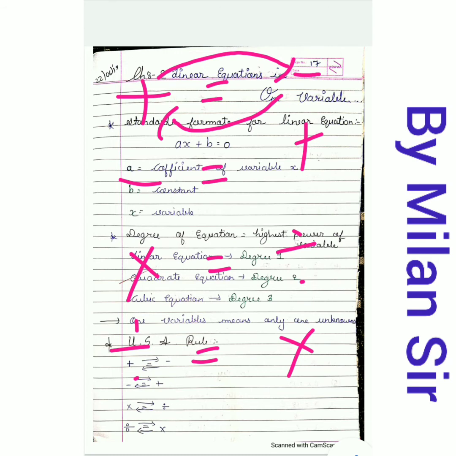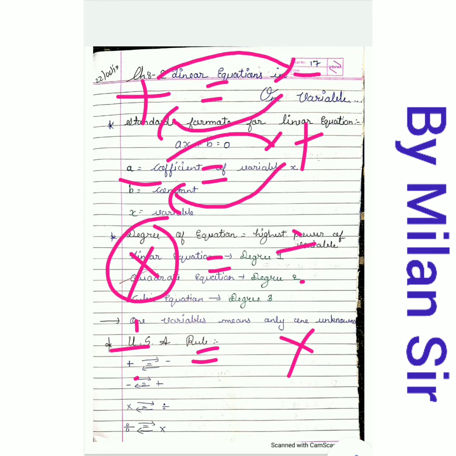Here again, if we want to transfer a minus term to the right hand side, it becomes positive, and if a plus term is transferred to the left hand side, it becomes negative. Same thing for multiply and divide.